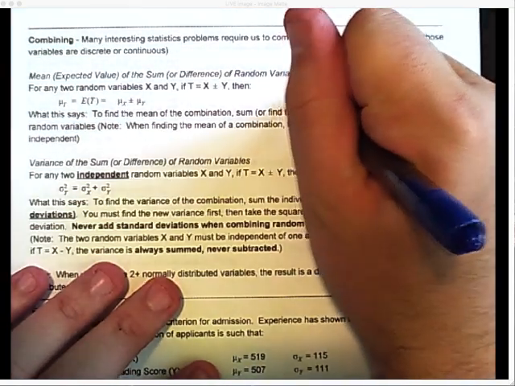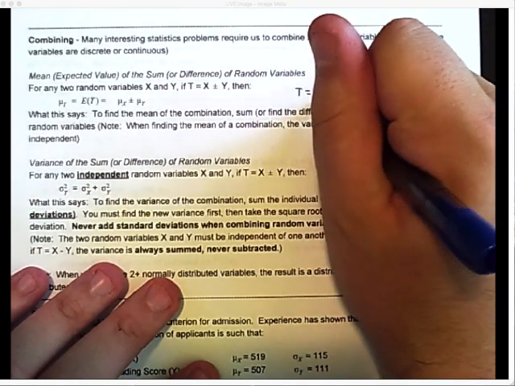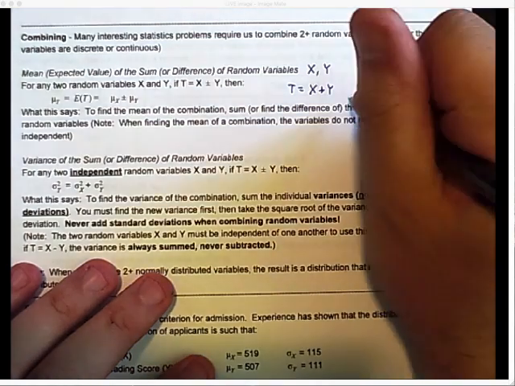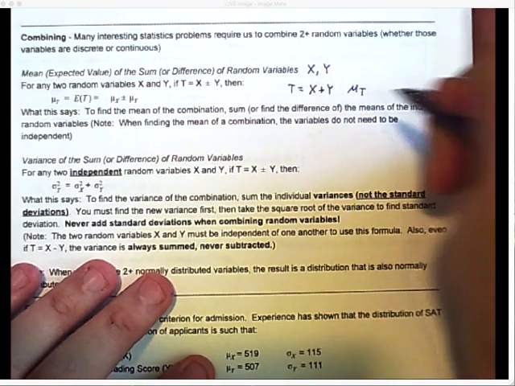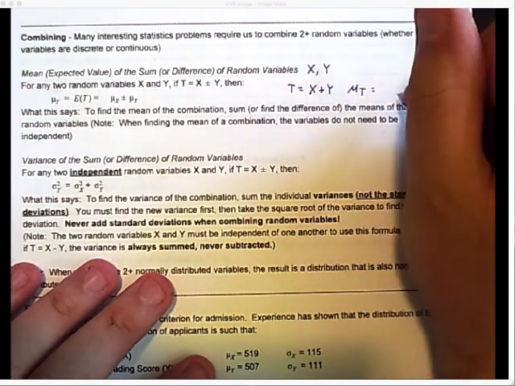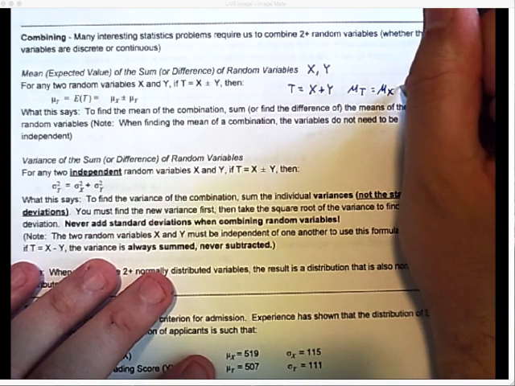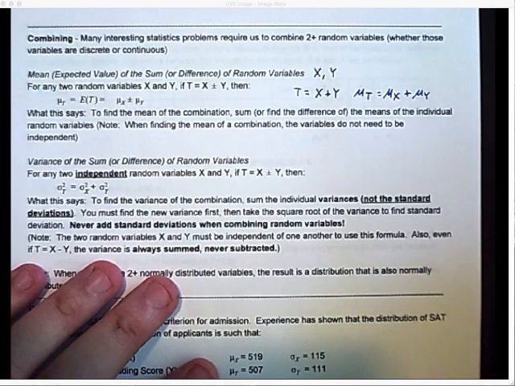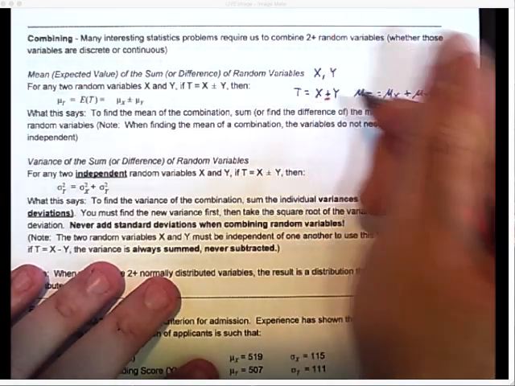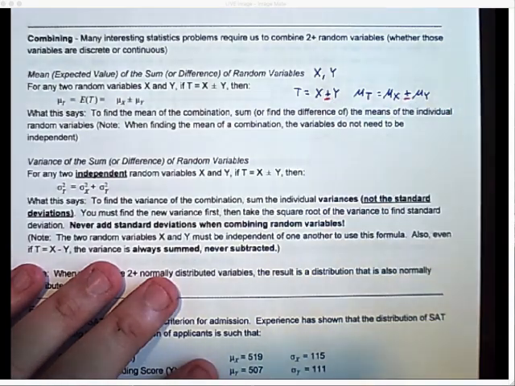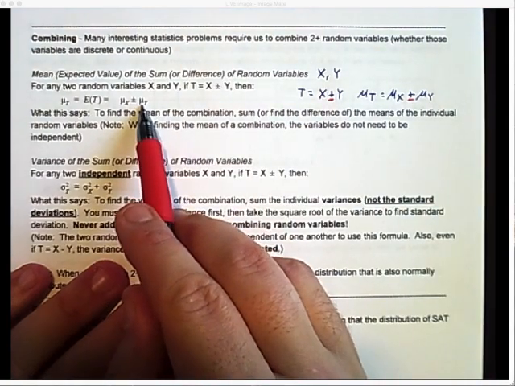Let's say we have some sort of total where total is X plus Y. Well, to find the mean of the combined variable, which we would call mu of t, we would just take the mu of x plus the mu of y. Now, if you wanted to do some sort of difference, then instead of a plus, it would just be a minus. That's why we did 2 at once.